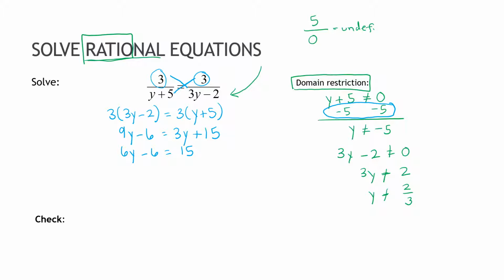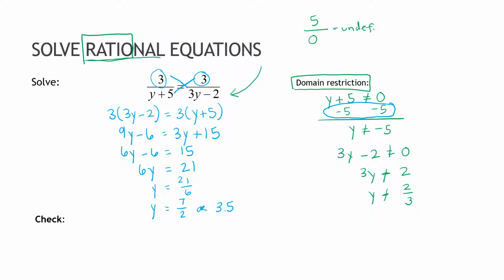I'm going to add 6 to each side, so I get 6y equals 21. I'm going to divide each side by 6, so I get y equals 21 over 6. And of course, I don't want to keep it like that, so I'm going to divide both of those by 3, and that gives me 7/2, or 3.5.